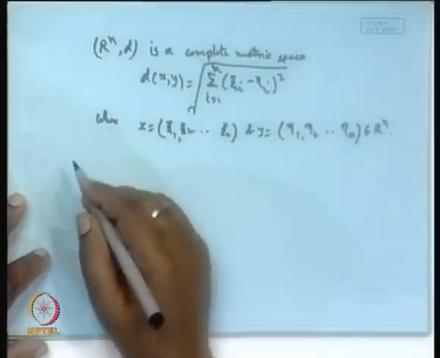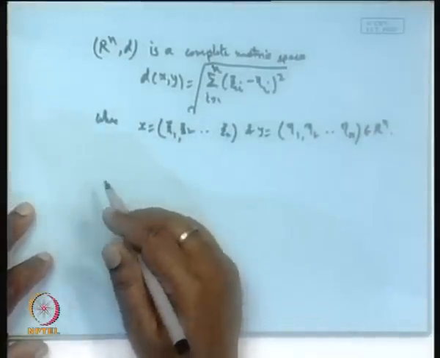We will go through a few more examples where the metric space also comes out to be a complete one.